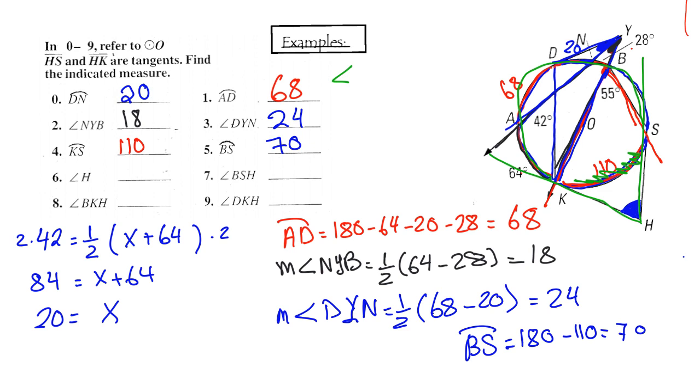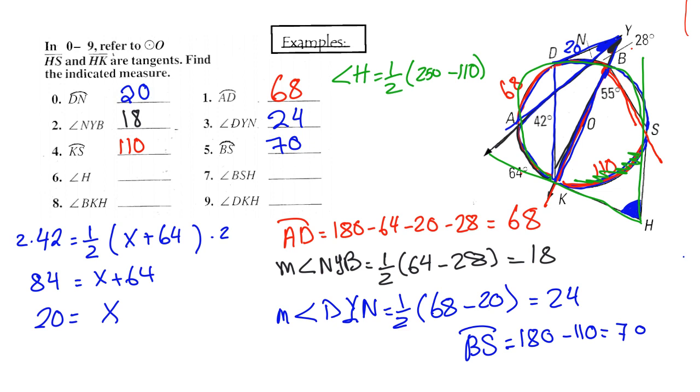So to find angle H, I'll say it's half of the big minus the small. The small one I can see right away. But the big one, it's 360. The remaining part of the circle is your big arc. So 360 minus the 110 is equal to 250.